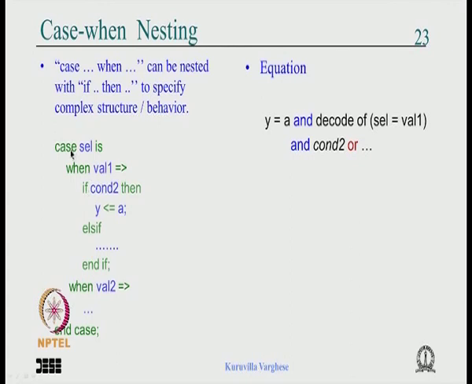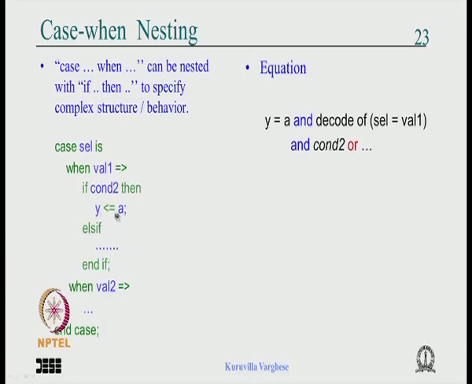So here I am showing we have an input signal select. So case select is, when value 1 I am saying if condition 2. Condition 2, as we discussed, is some boolean condition composed of some inputs, and y gets a, else if it goes like that.